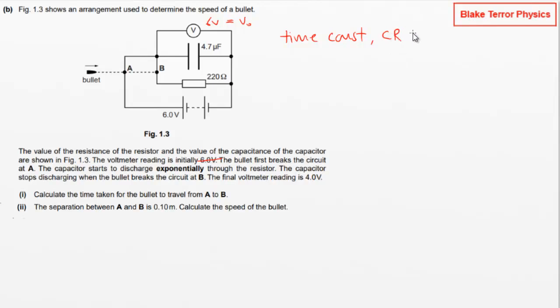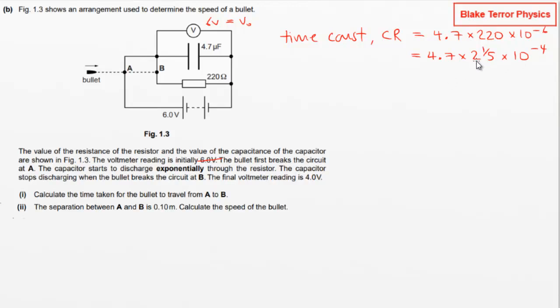So our time constant, C times R, so that's just 4.7 multiplied by 220, and then we've got this 10 to the minus 6 in there as well. So that is equal to 4.7 multiplied by 2.2 times 10 to the minus 4.